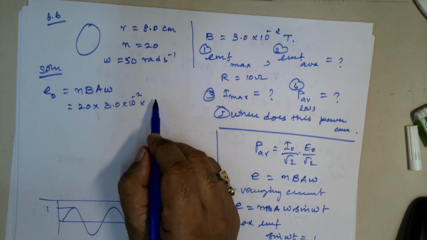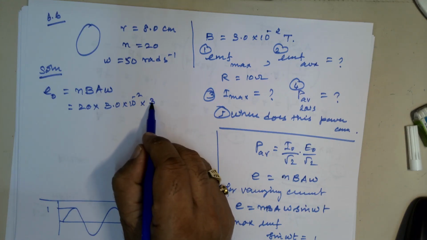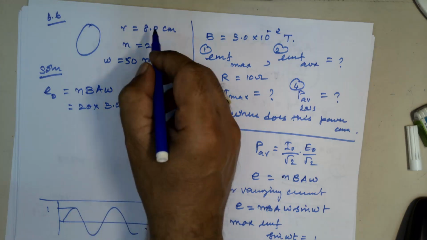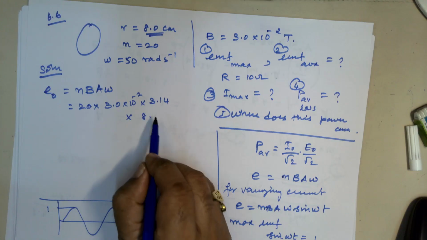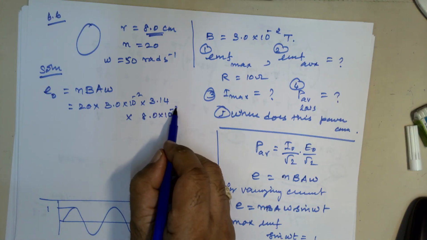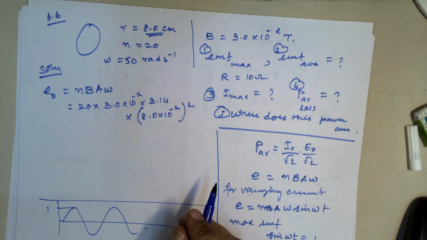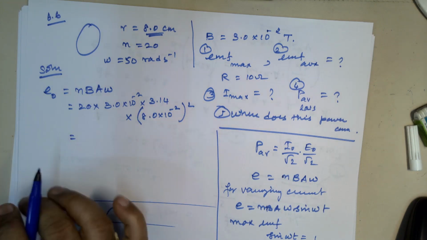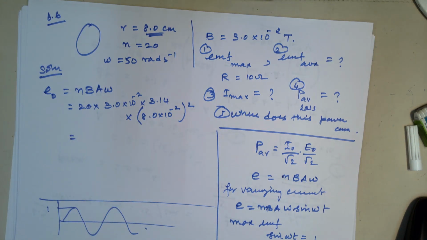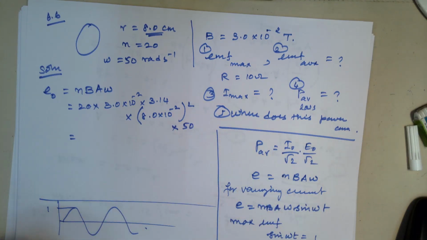Area is pi r squared, so 3.14 into 8.0 into 10 power minus 2 whole square, that much meter square. Omega is 50 radian per second. Now work it out.